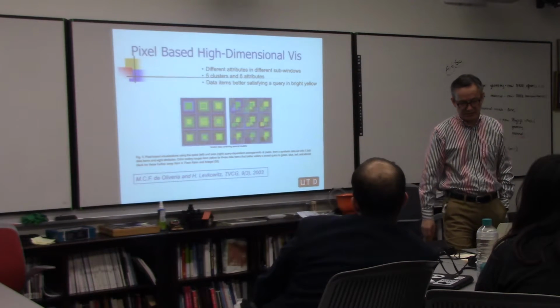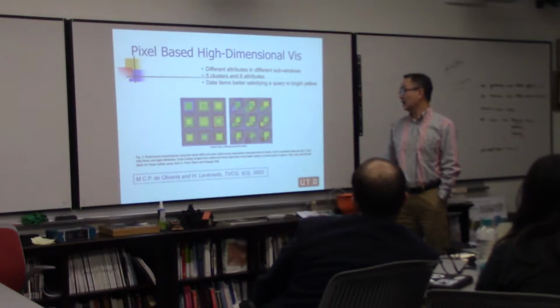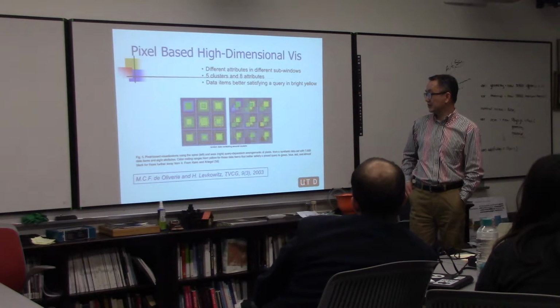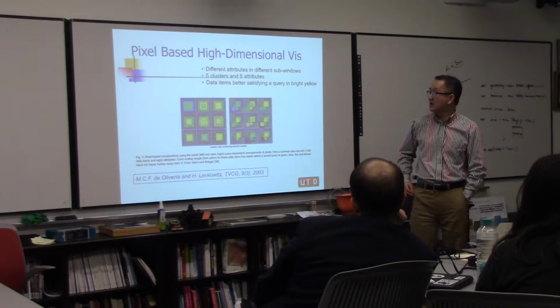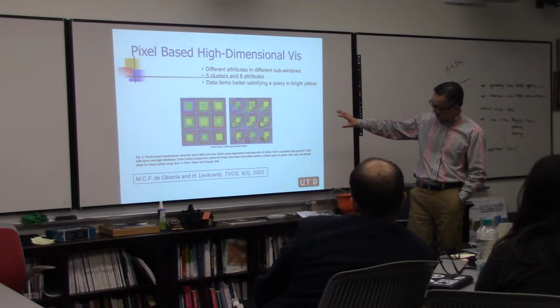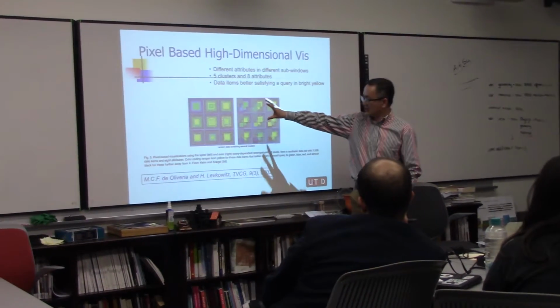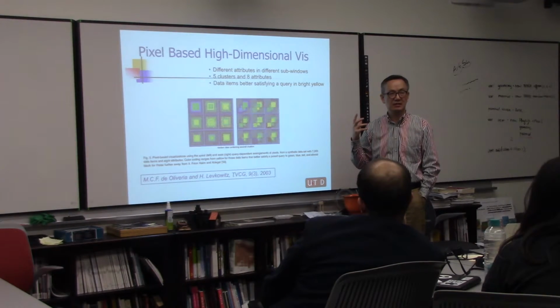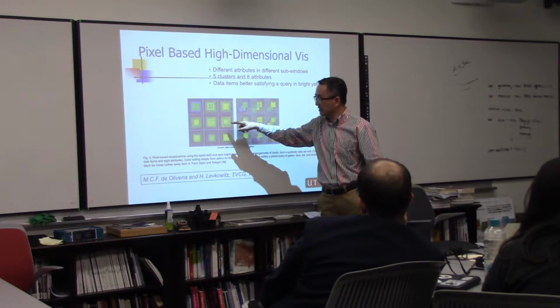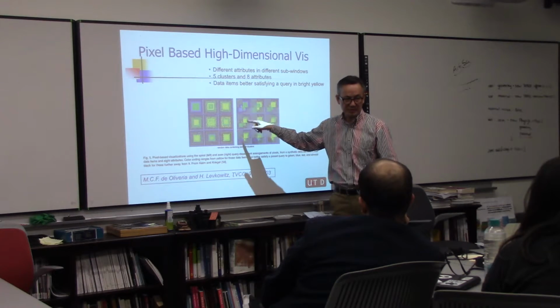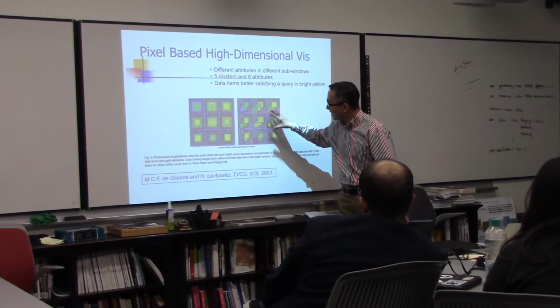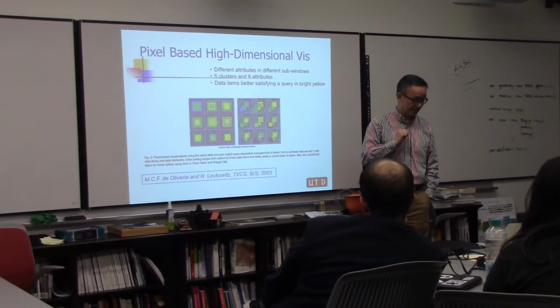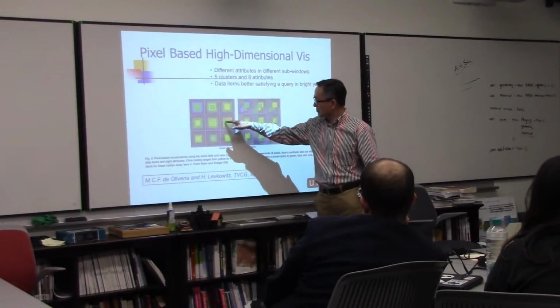For example, this is one of the earlier papers published in information visualization. Basically, this just displays 8 different dimensions of data. Each block represents one dimension, but with just 2 different types of representations. This is called the spiral.